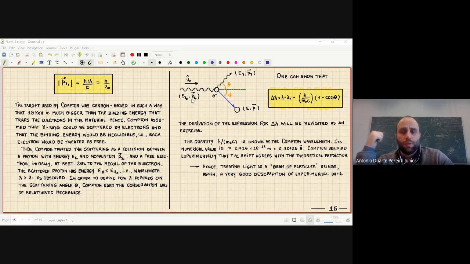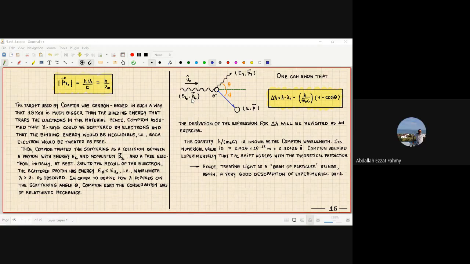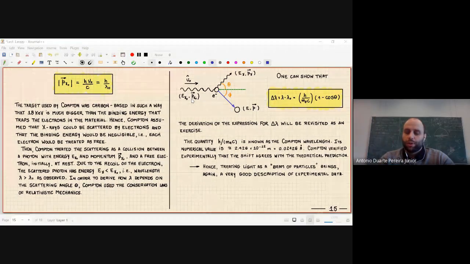Did you? Okay. No. Okay, thank you. So it's good that I didn't write the entire derivation. I can write that for you and you can read about that in the future when you learn the conservation laws in relativity.